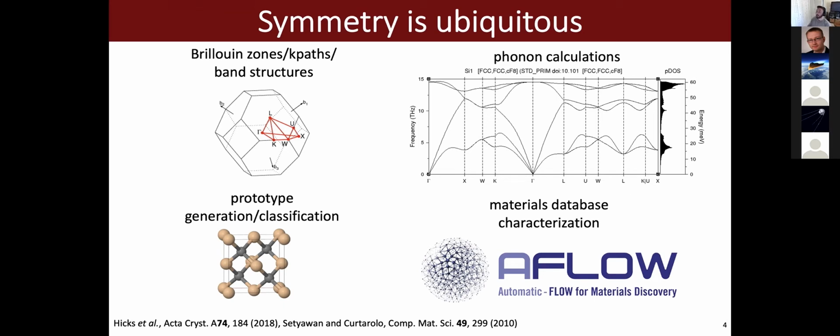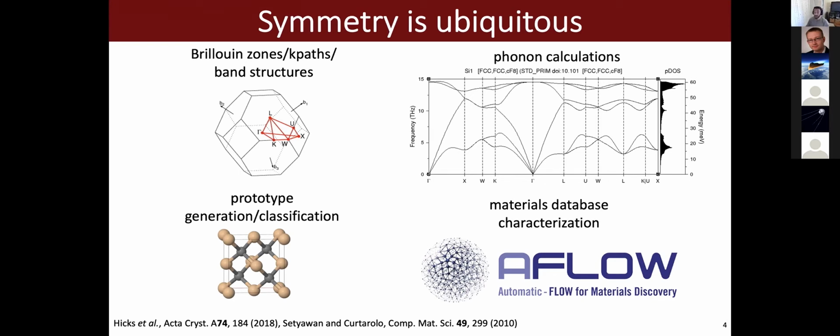But it can also be used as a method for reducing the cost of simulations. For example, for phonon calculations, we're modeling these phonons via distortions of the atomic positions. And so you can use symmetry to determine which distortions are symmetrically equivalent or inequivalent. And so we can use symmetry as a speed up here.